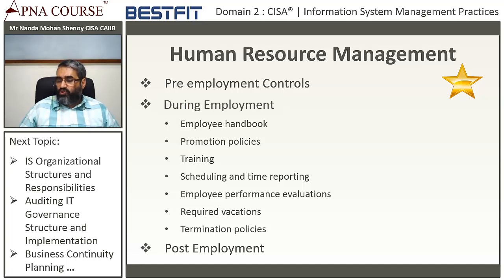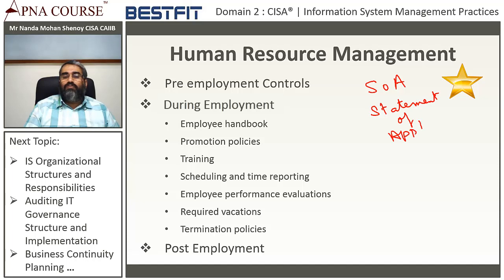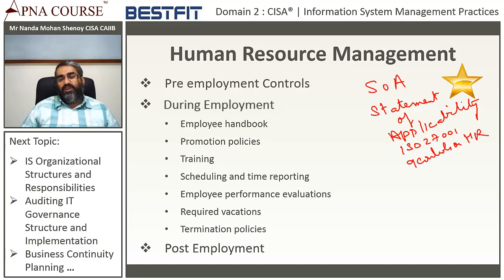I would urge you to go through the various SOA, statement of applicability, as per the ISO 27001 framework, which has got around 133 controls, around 9 controls on HR, which is very important, and I want each CISA aspirant to know these 9 controls.